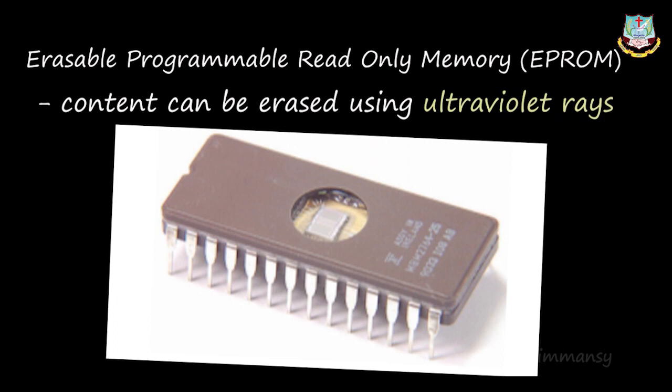Now let's see the difference between programmable read-only memory and erasable programmable read-only memory. In this PROM, it can be written only once. But in this EPROM, we can erase it and write it again.